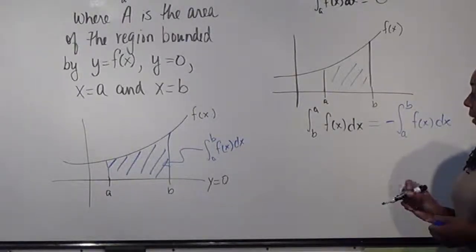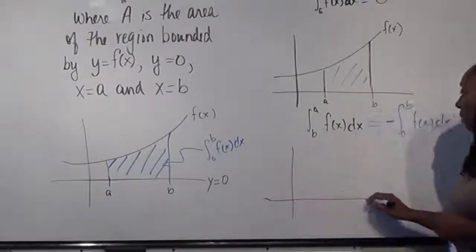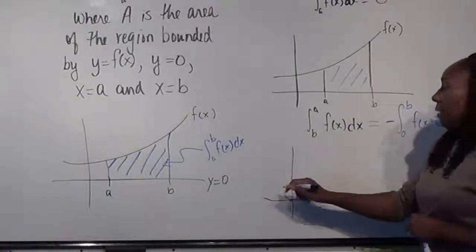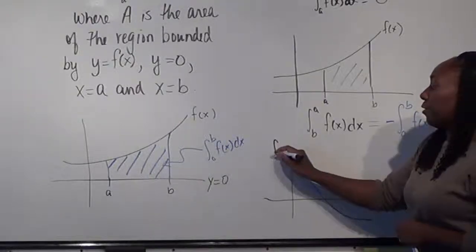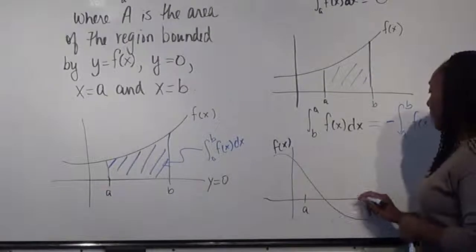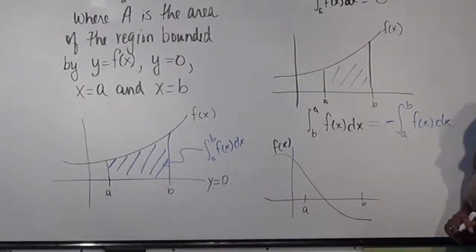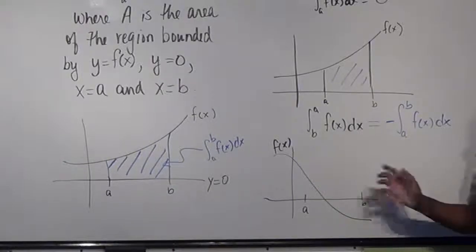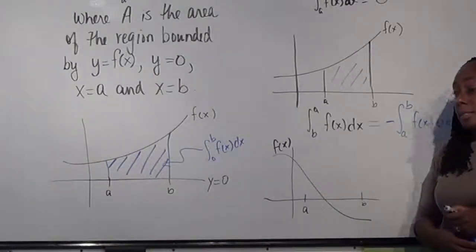Okay. And I'm going to squeeze one more in on this side, and that is, let's say there's my function f of x, and my interval from a to b is there. Now in this case, my function is not entirely above the x-axis.